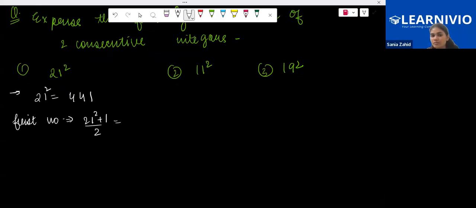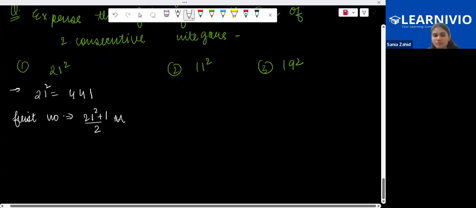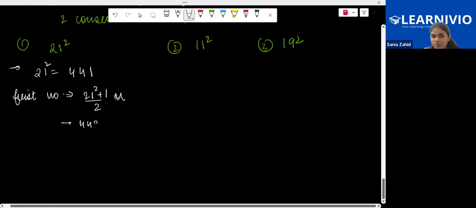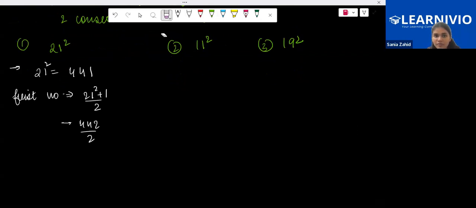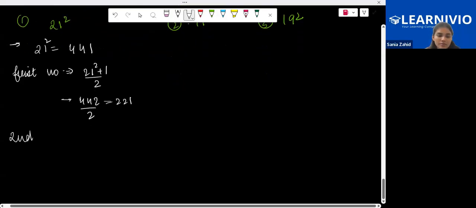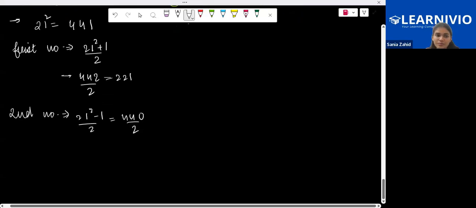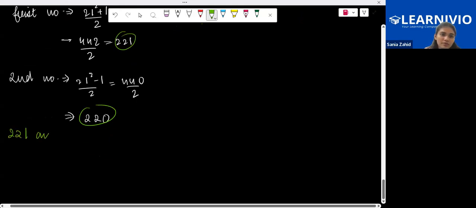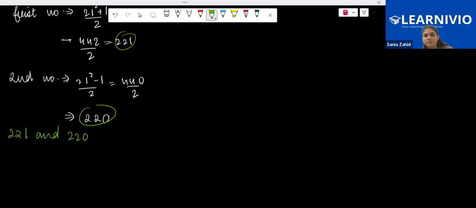So this becomes (441 plus 1)/2, which is 442 by 2, which gives 221. And then the second number is (21 square minus 1)/2. That gives 440 by 2, that gives 220. Okay, good. So we have 441 is equal to 221 plus 220.